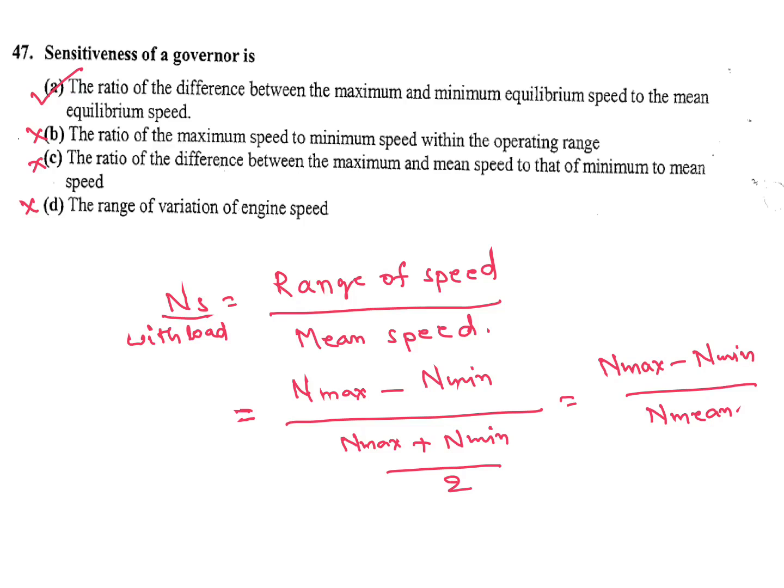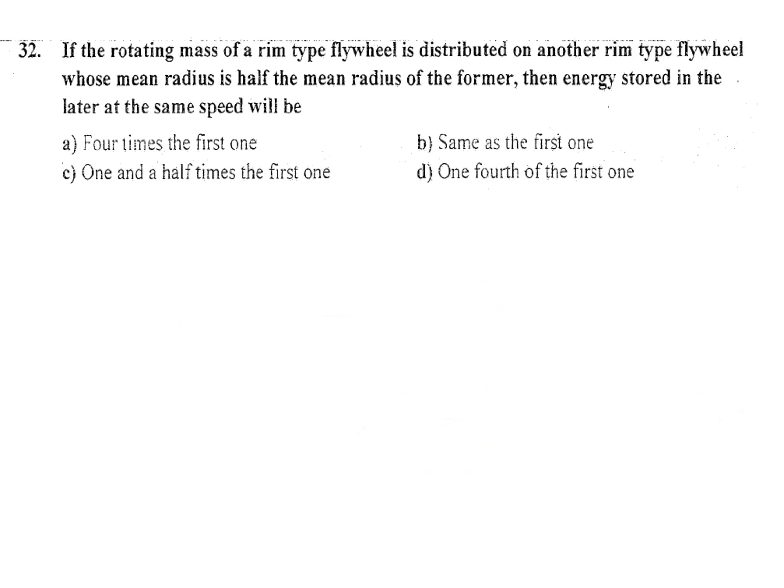If the rotating mass of a rim type flywheel is distributed on another rim type flywheel whose mean radius is half the mean radius of the former, then how much energy is stored in the latter at the same speed? Our formula for energy stored is E equals half I omega square, mass moment of inertia into angular velocity square.